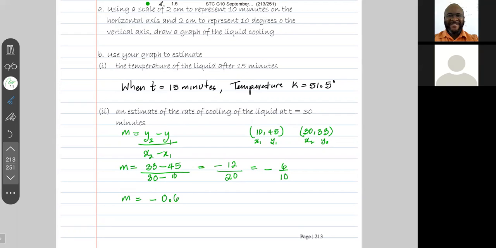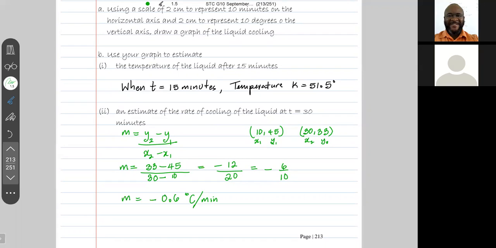And the unit for this gradient: the vertical, which is the top, is degrees Celsius, and the horizontal is minutes, so it's per minute. The gradient, or the rate of cooling at T is equal to 30 minutes, is 0.6 degrees Celsius per minute.